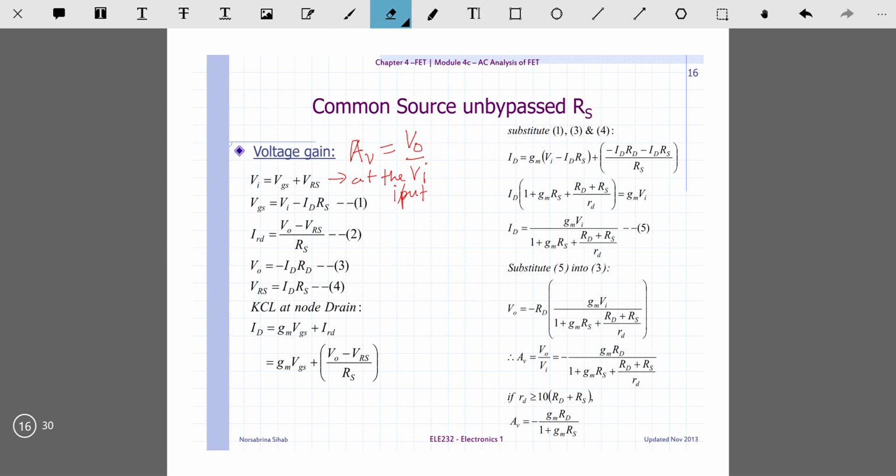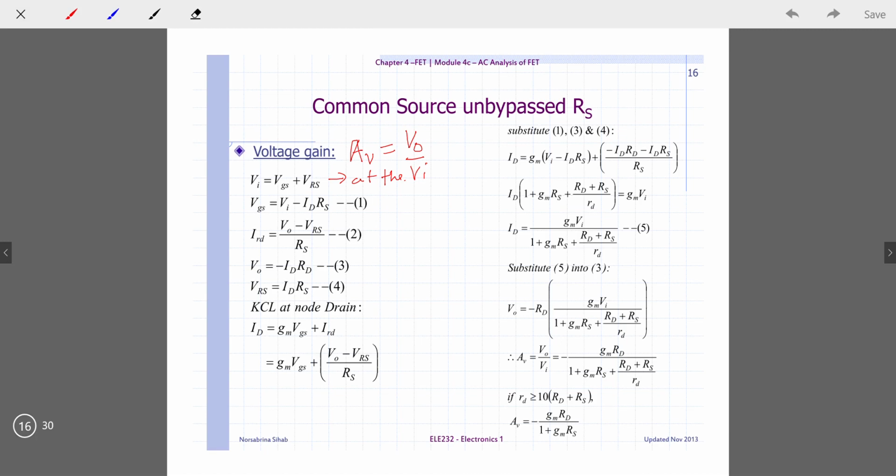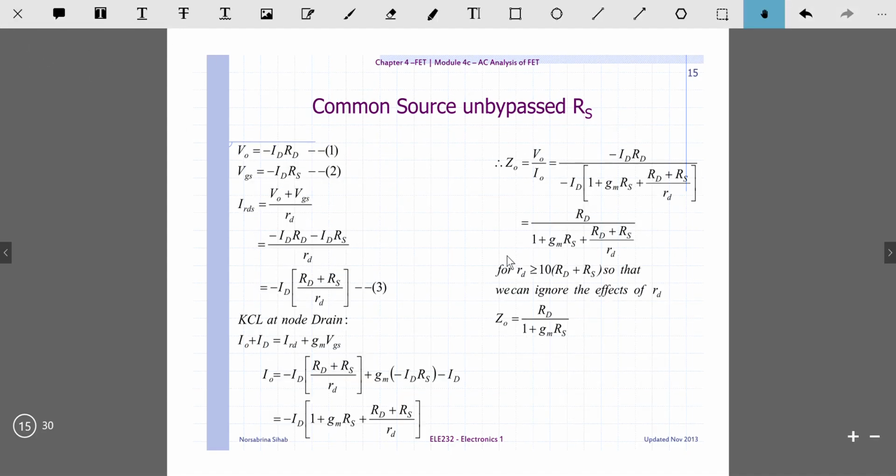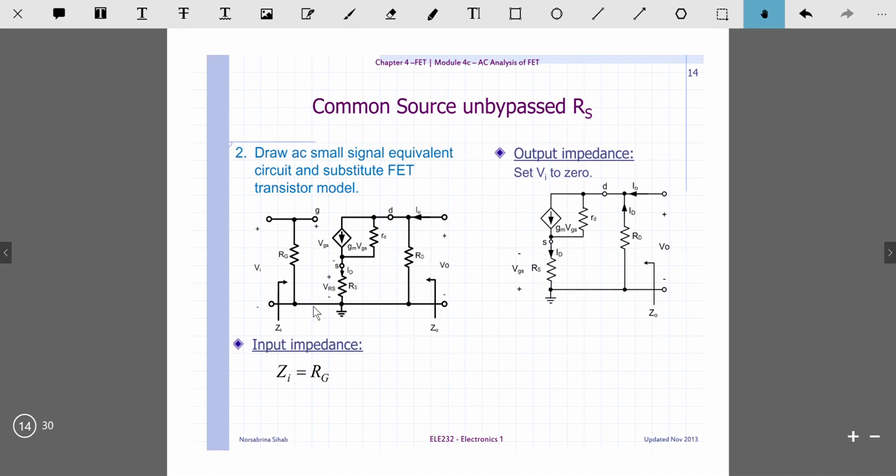This is at the input loop, so you have to refer to the input loop. Here you can see this is the input loop.